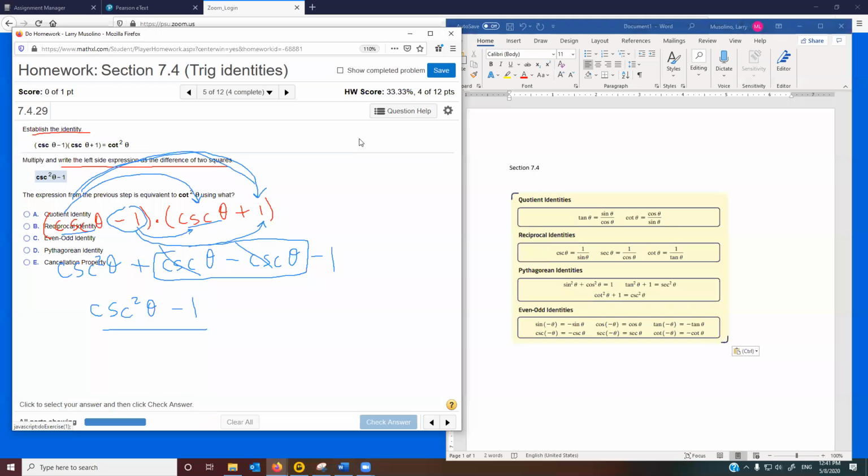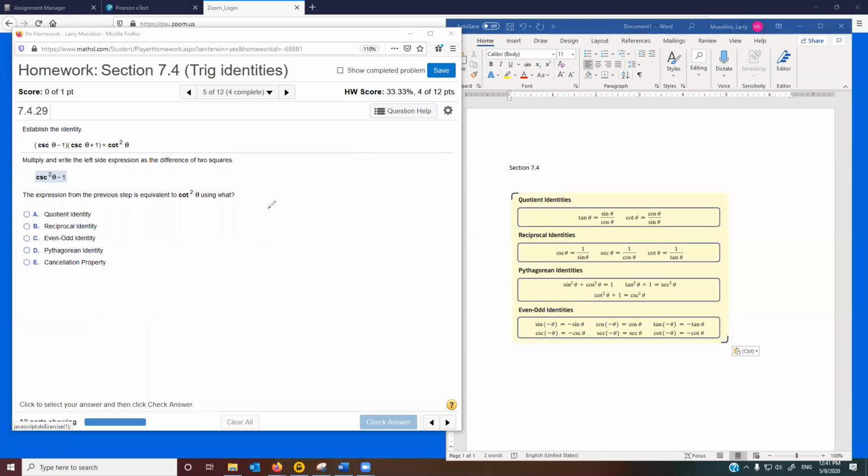All right, now they asked me, how do I know that this expression is equal to cotangent squared theta? What identity leads me to that conclusion? So really what we're ending up with here is cosecant squared theta minus 1 equals cotangent squared theta, right? Because remember, this left side we figured out was cosecant theta squared minus 1.